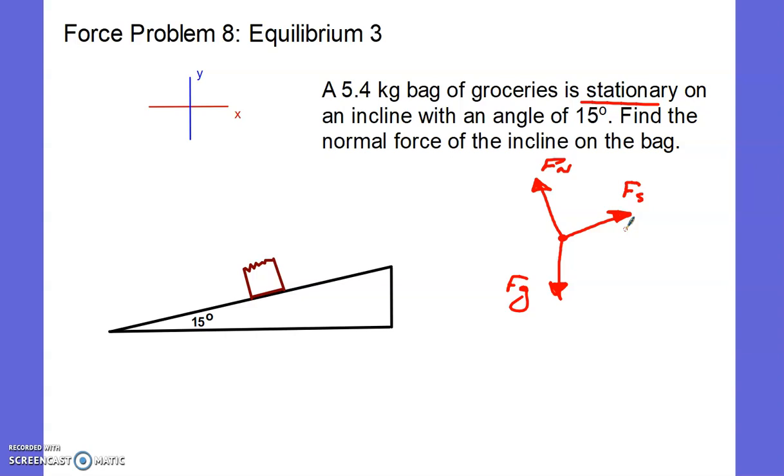The first thing I'm going to do with this free body diagram is rotate some things, because it's going to make things easier later on. If I draw the forces as is, looking at my Cartesian coordinates, I would have two forces that I'd have to break into components.